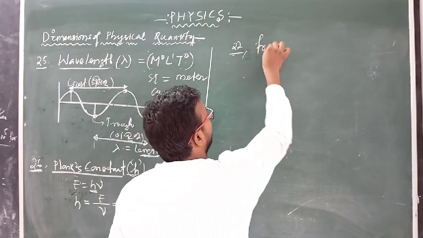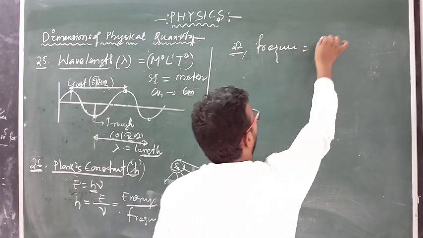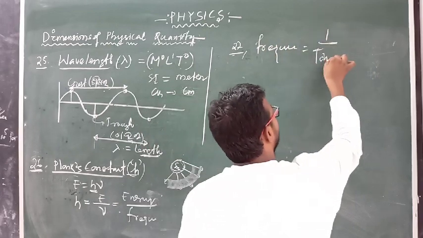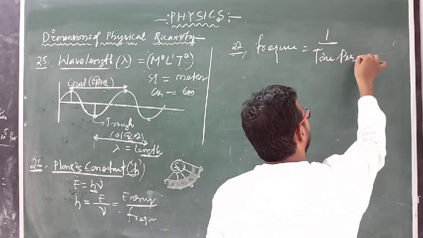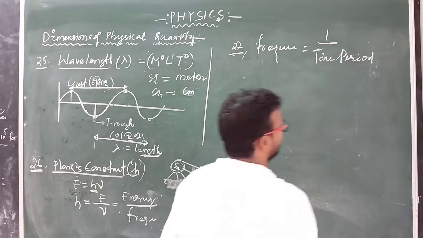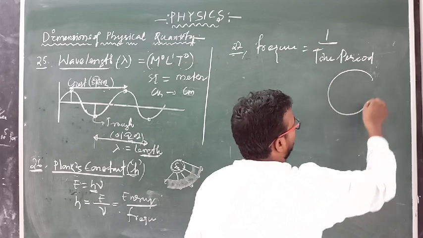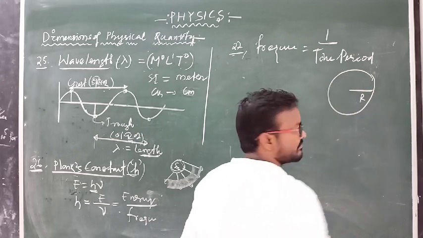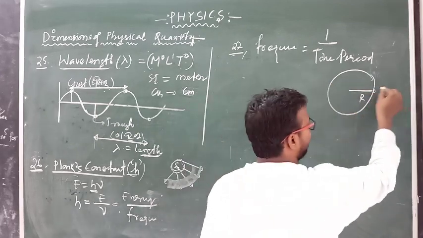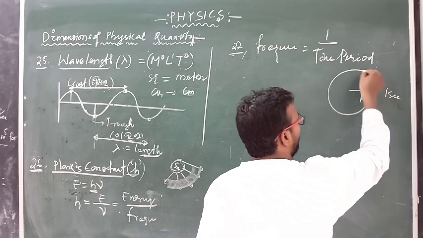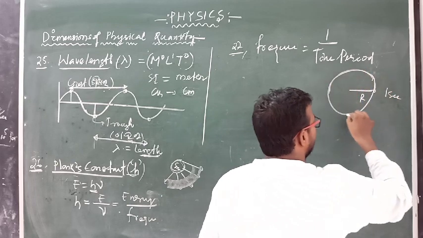Frequency is 1 by time period. Suppose there is a circle of radius r. If we give you 1 second, then you have to move along the circle in this way.